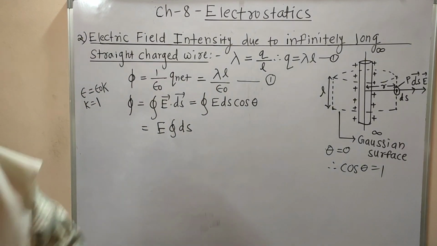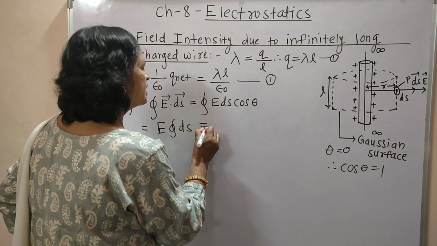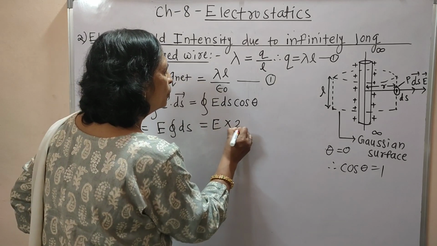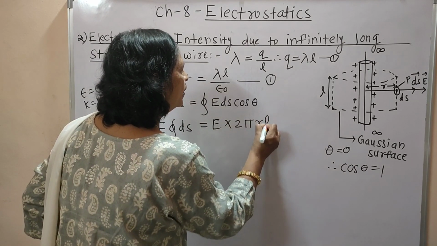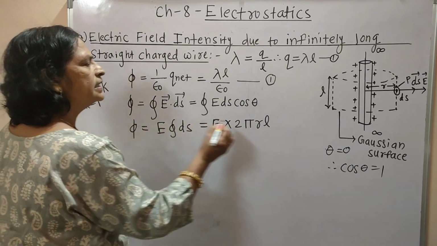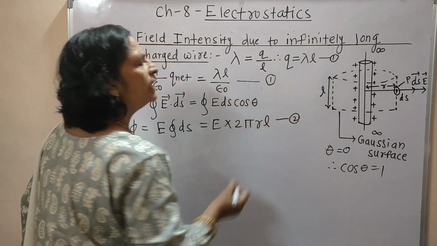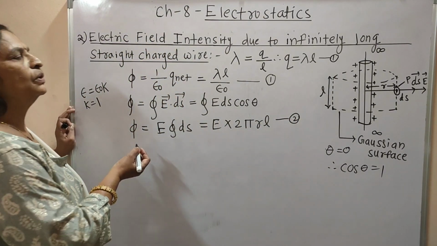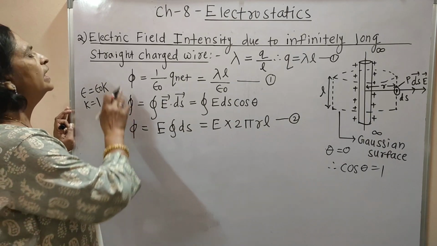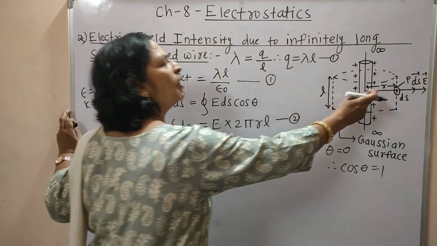If we substitute this area, it becomes E into 2 pi r into L, and this is equation number 2. Now equating equations 1 and 2, we can find the intensity at a distance small r.